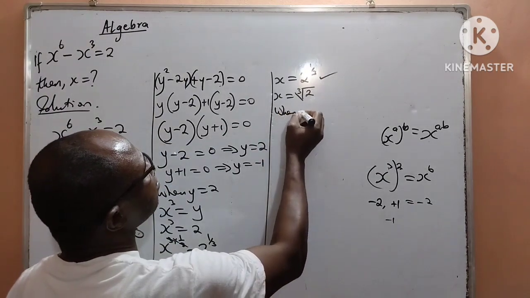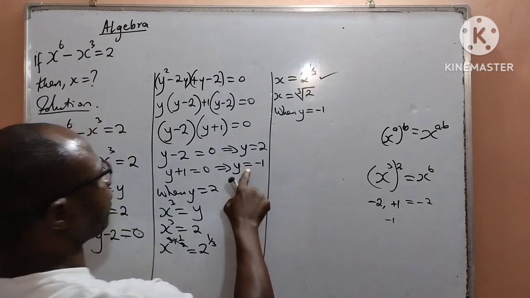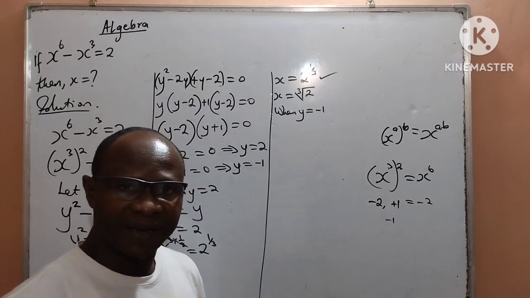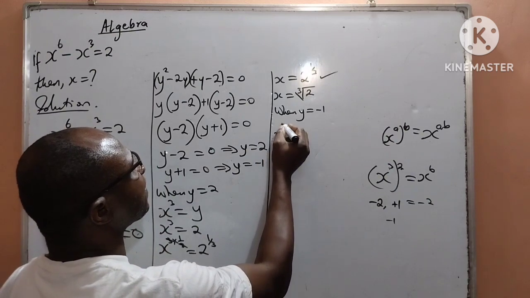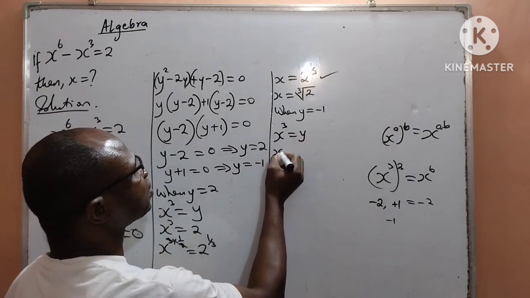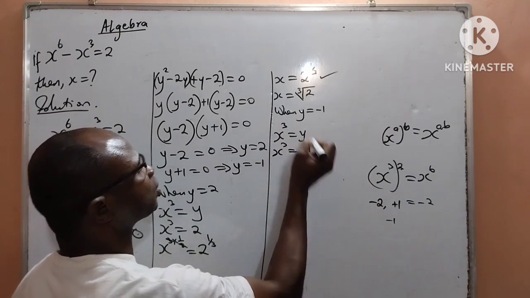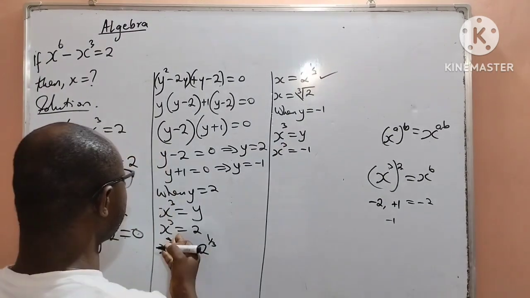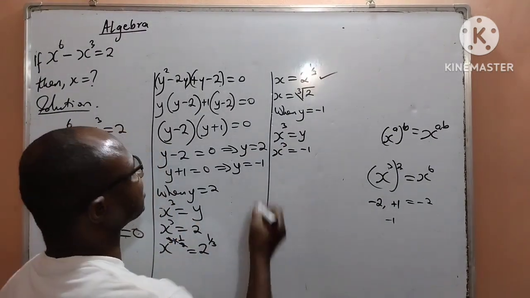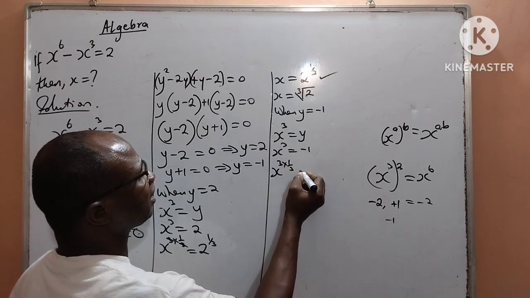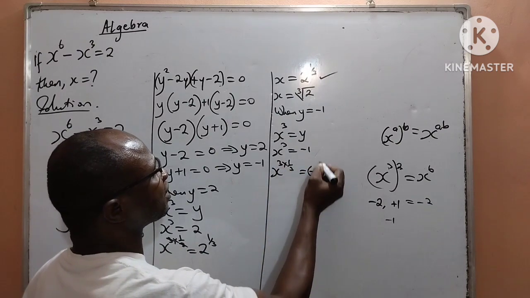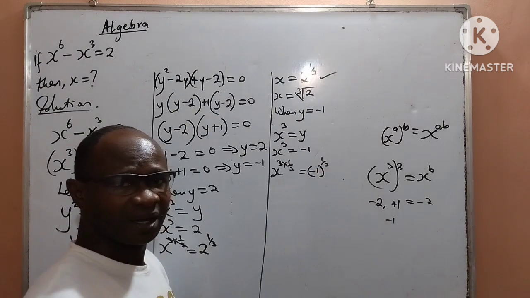When y is equal to negative 1, because we've got two values of y, it implies that since x raised to power 3 is equal to y, my x raised to power 3 will now be equal to negative 1. Doing exactly the same thing I did in the first instance, I'll have x raised to power 3 multiplied by 1 over 3 equal to negative 1 raised to power 1 over 3.